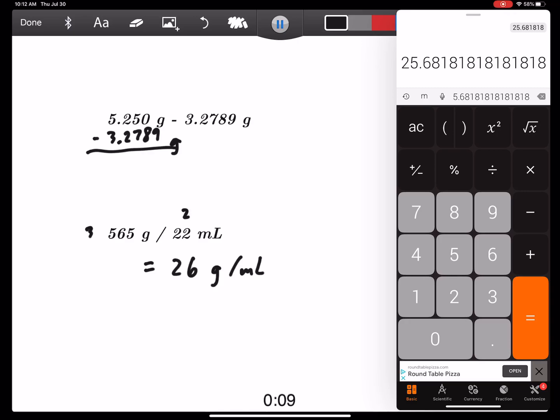Now, it becomes really simple if you look at it like this, because we know that we have a 5 minus 3 going on, right? We know we have a 2 minus 2 going on. We know we have a 5 minus 7 going on, and we have a 0 minus 8 going on. We know all those things. What we don't know is what in the heck that number is. So we're effectively subtracting 9 from a number that we don't even know.